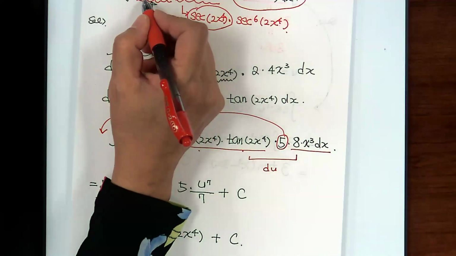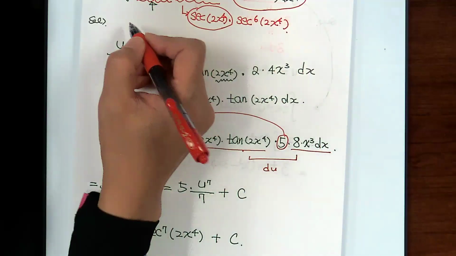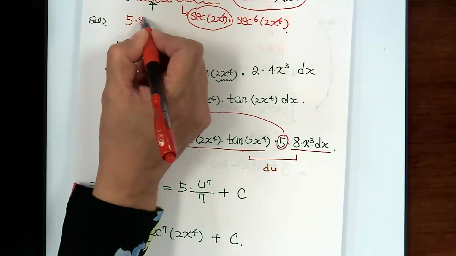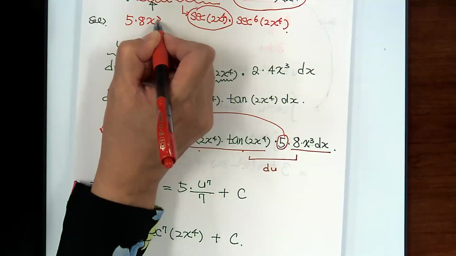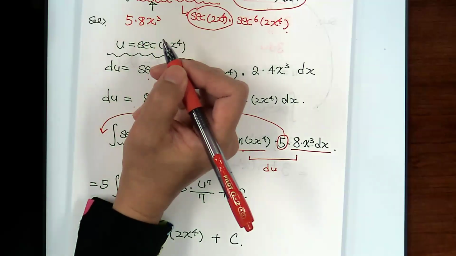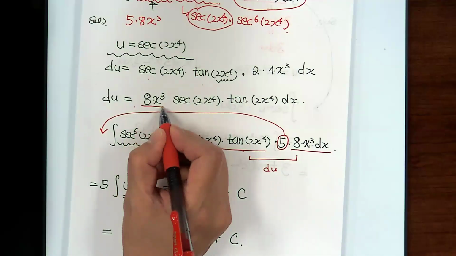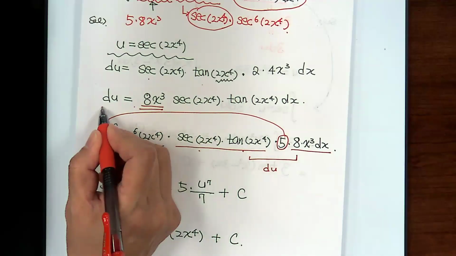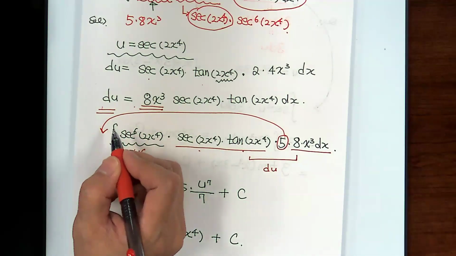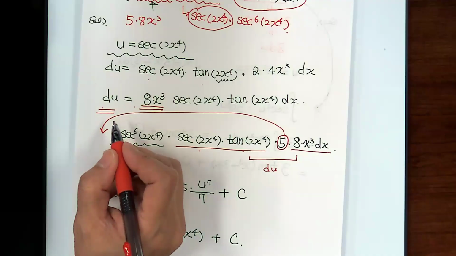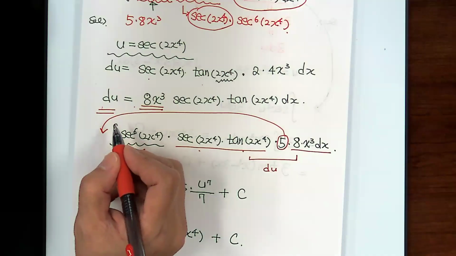So all I was saying was 40 is 5 times 8x cubed, right? In the original problem. And 8x cubed is coming from one of the factors in du. You're not lost by the square.